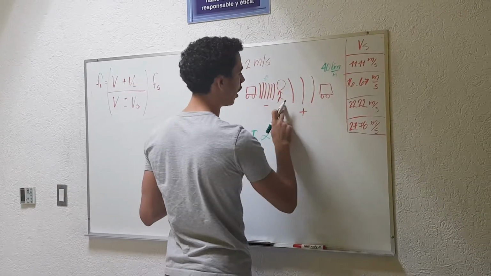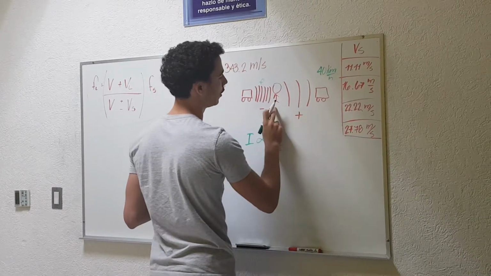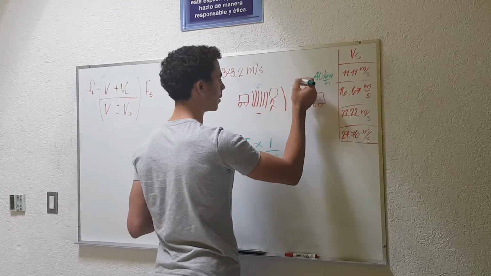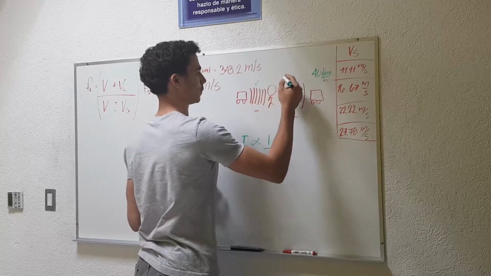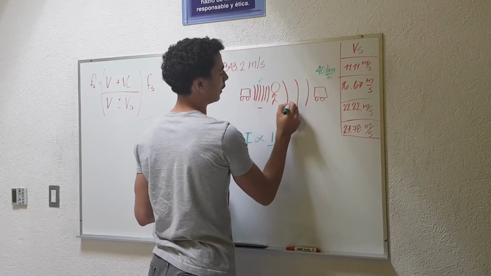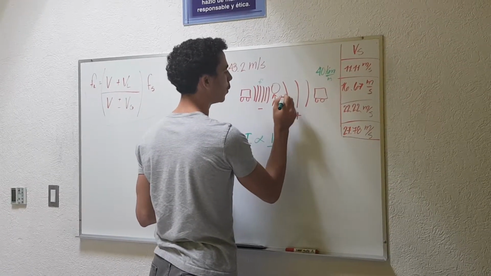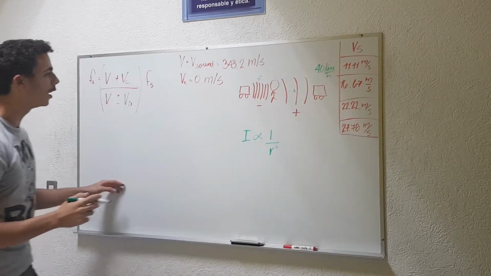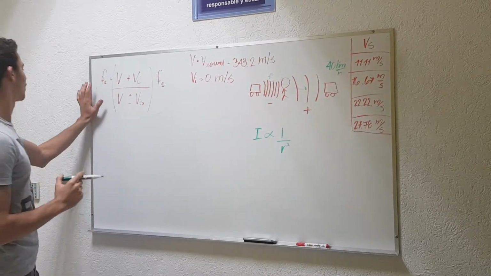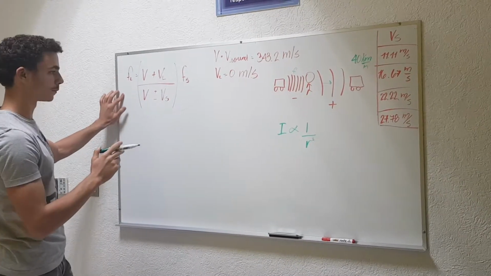And when the car starts moving away from the listener, the frequency goes down because the sound waves are further apart, as you can see here. So this is the basics of the Doppler effect.